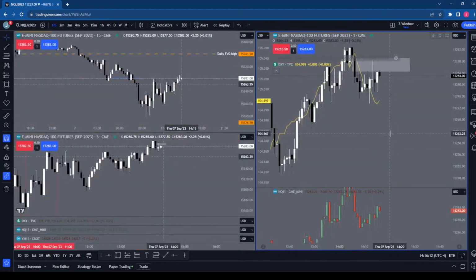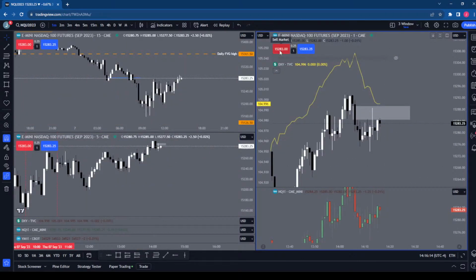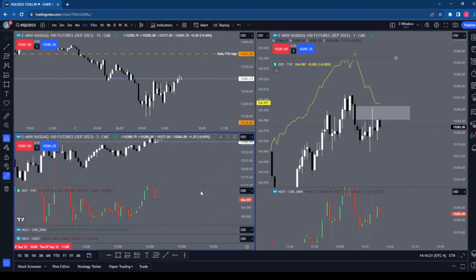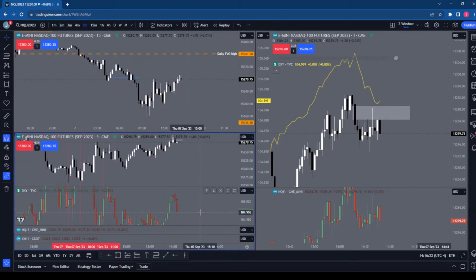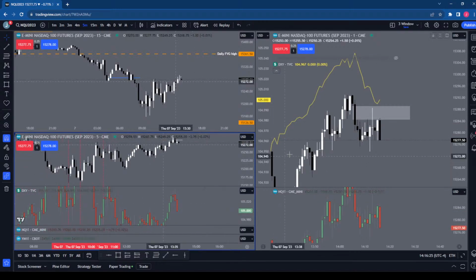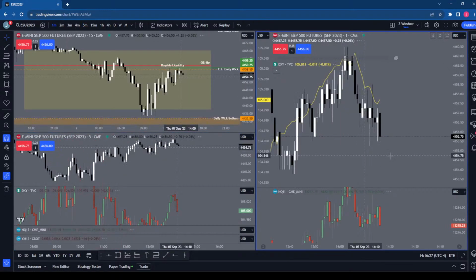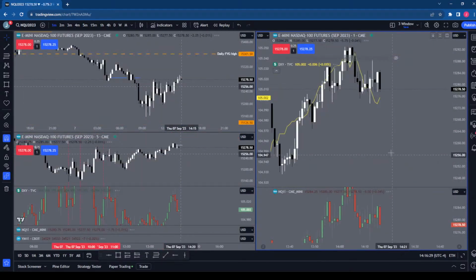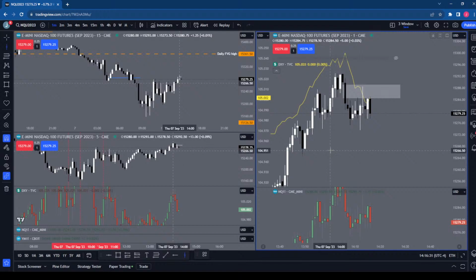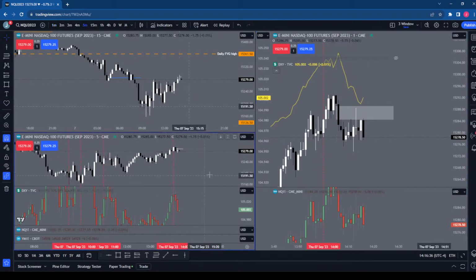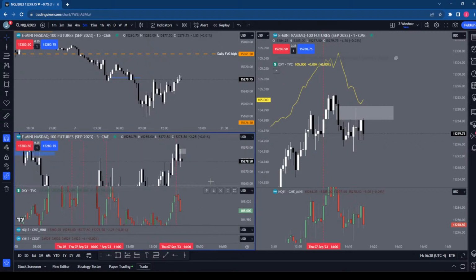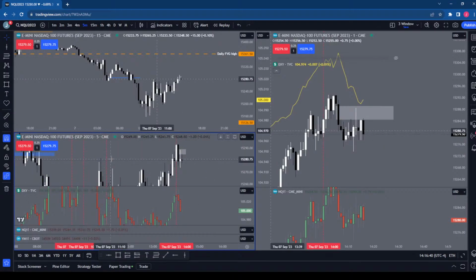S&P is looking a lot weaker. What's the dollar doing? Dollar.